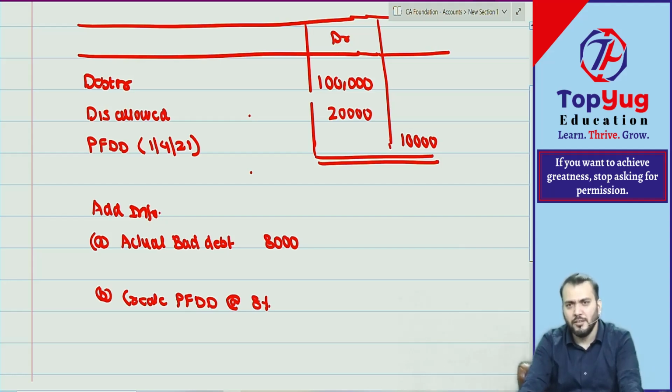Bad debt to PL. What is the journal entry to close the bad debt account? Reverse.